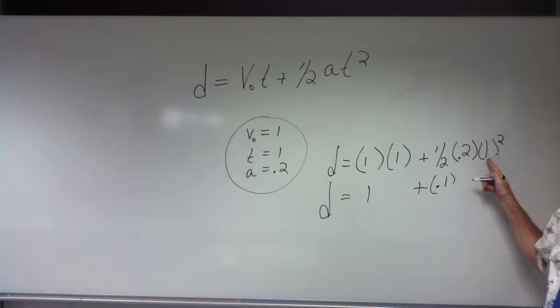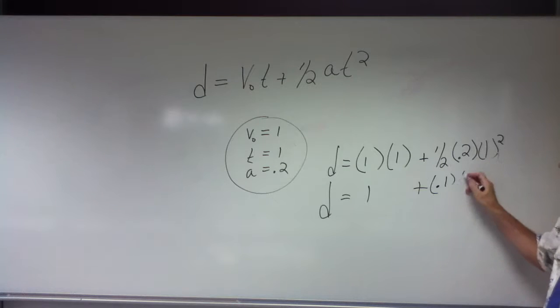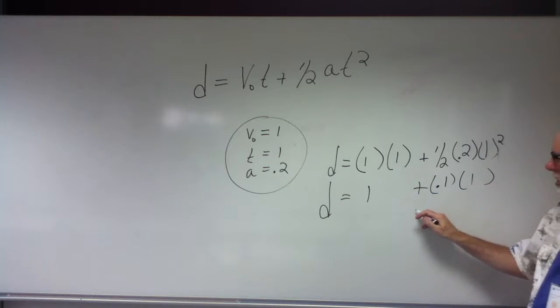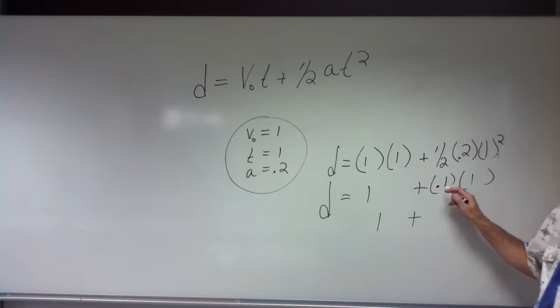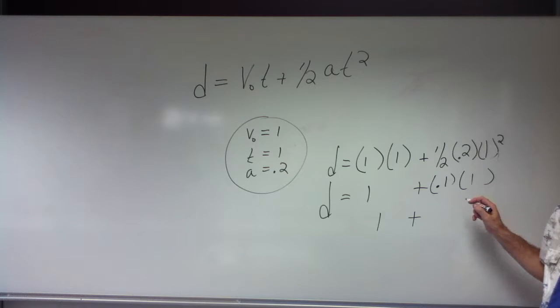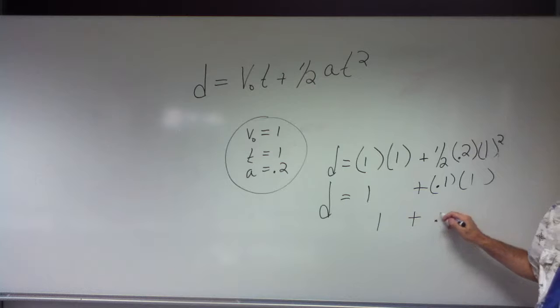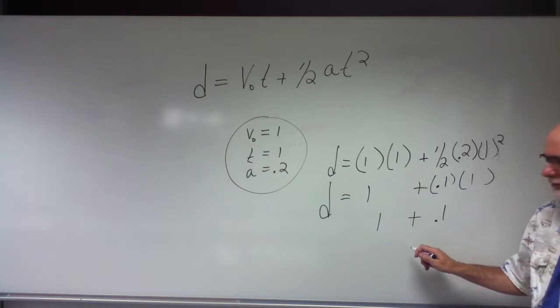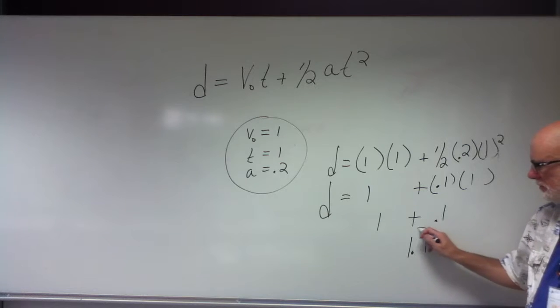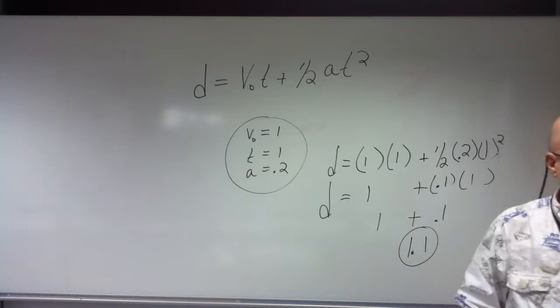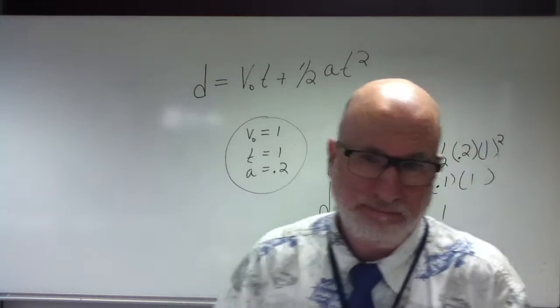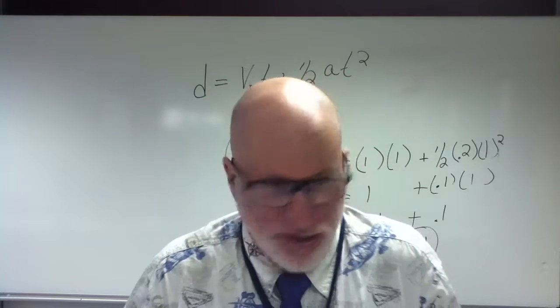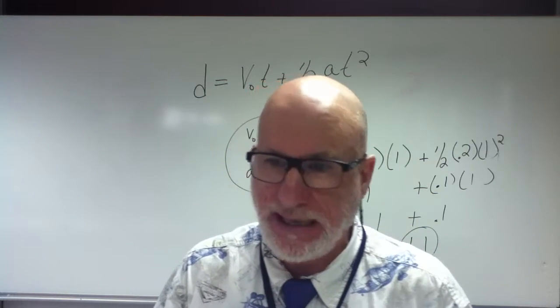What's 1 squared? 1. So bring it over. What's 0.1 times 1? 0.1. This is a calculator, guys. And what's 1 plus 0.1? 1.1. That's it. Was that hard? You gotta use your calculator. You see why you need a calculator?